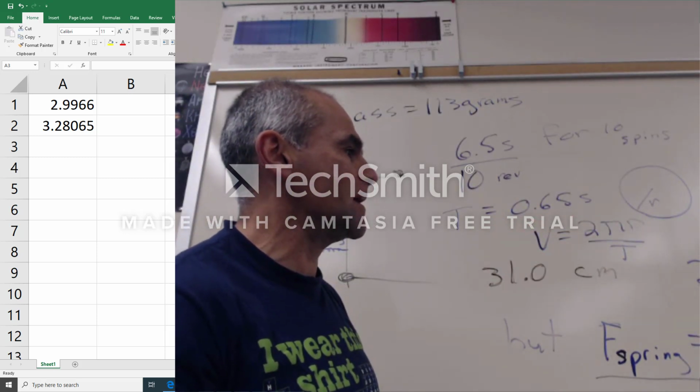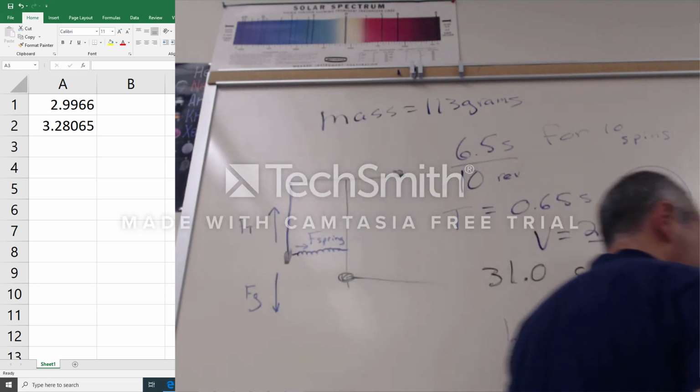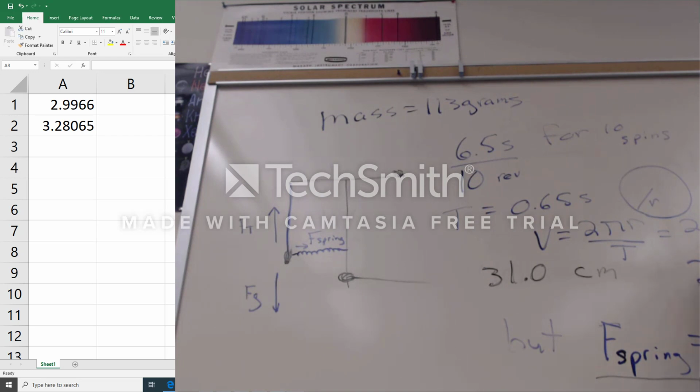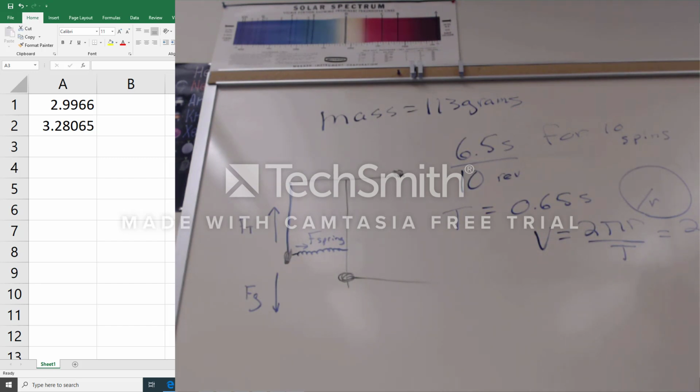All right, so if I do that, I'll plug in 2. I'm going to erase this other stuff here. I have 2 times pi times 0.31 meters divided by the period of 0.65 seconds.